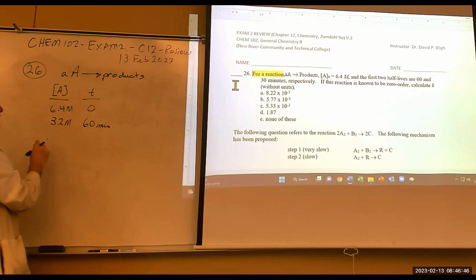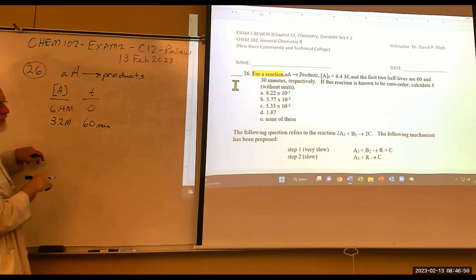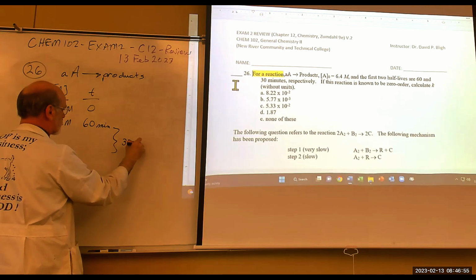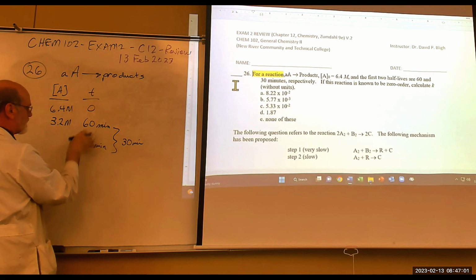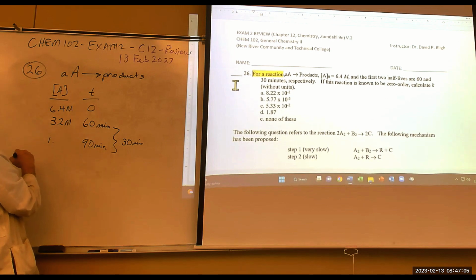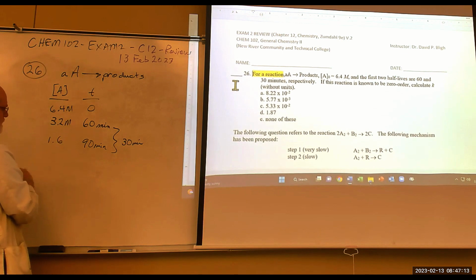So we'll have half concentration there, right? Okay. Second half-life is 30 minutes. We may not need this information, but that would be 30 plus 60 is 90. So for the whole reaction after 90 minutes, you have half of that again. What's that? 1.6.